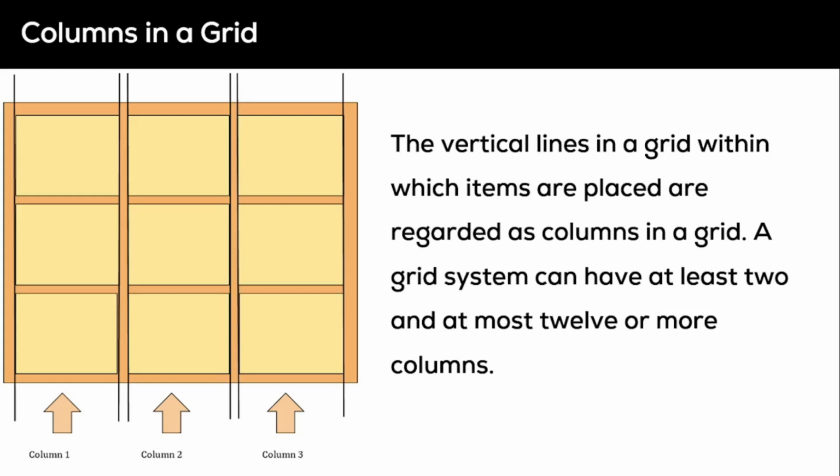So some of the terms you will come across. The first one is that in a grid, as we have said, we have columns. The vertical lines in a grid within which items are placed are regarded as columns. So you see these ones are columns. A good example is Excel tables.